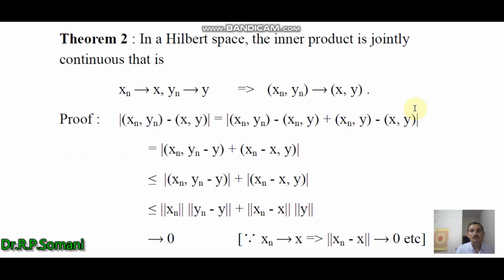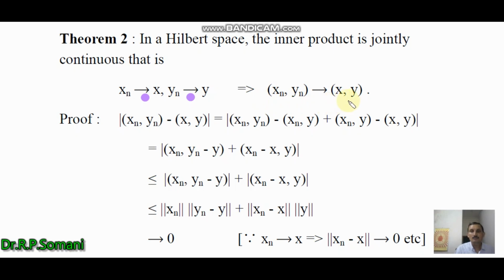That is, if x_n tends to x and y_n tends to y, then both these combined imply the inner product of x_n, y_n tends to the inner product of x, y.